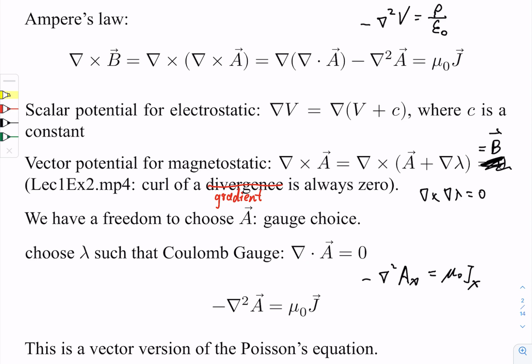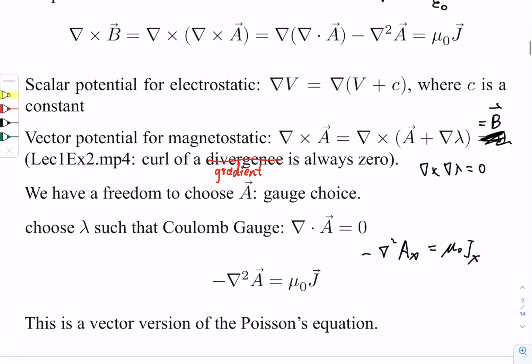And if we work in the Coulomb gauge, that is del dot A equals 0, then the expression simplifies greatly to minus del squared A equals mu naught J. And this is actually the vector version of Poisson's equation.